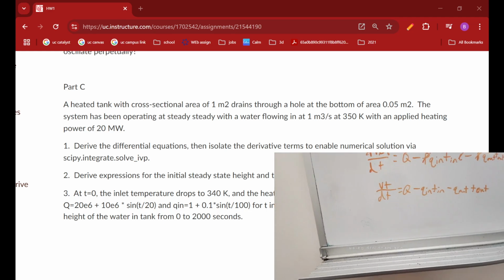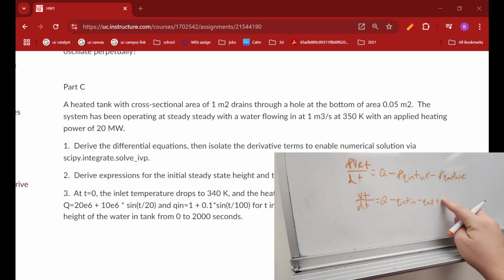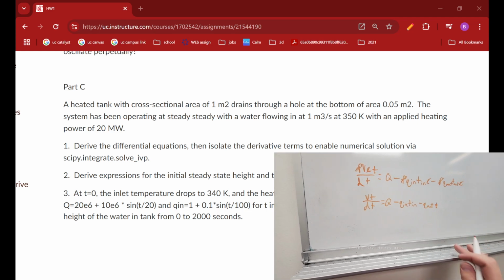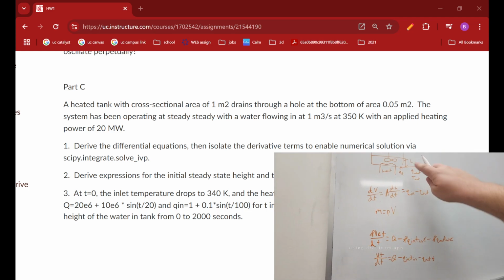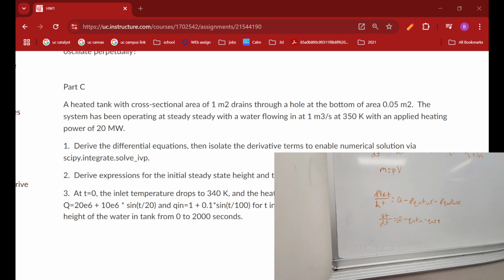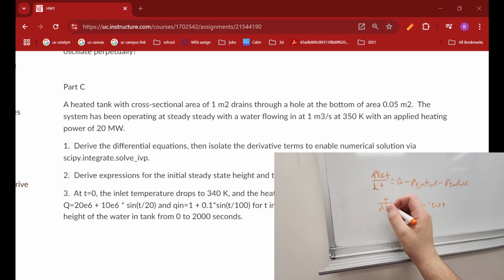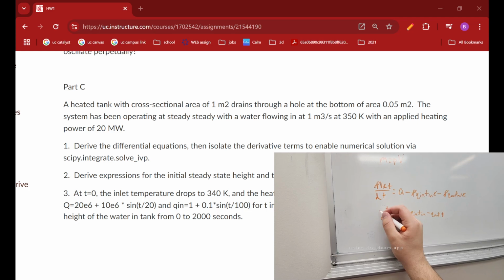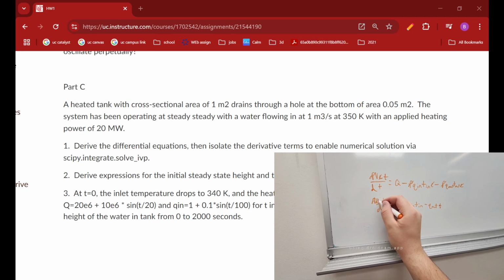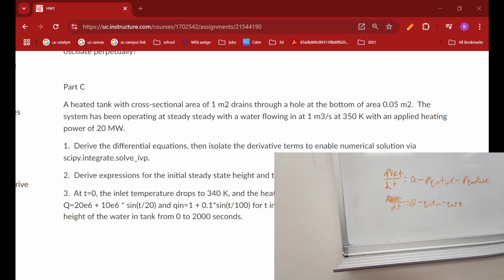So I missed one thing. We know that our T out is just equal to T, because our T in and T out, because we have a steady state, are going to be the same. And then this V, this volume, I need to change to area times dh/dt.